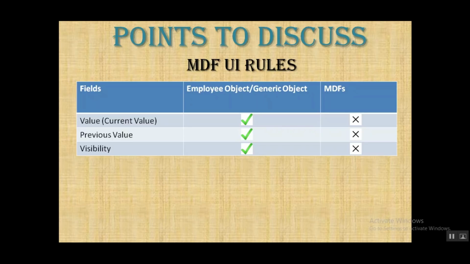So how do we set such dynamic visibility for the MDFs, existing or custom? To implement that, we need to use the MDF UI rules. So there, MDF UI rules play a crucial role.